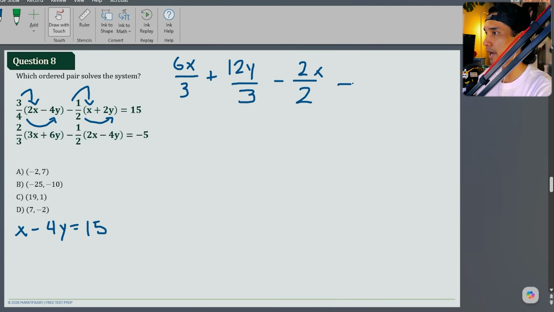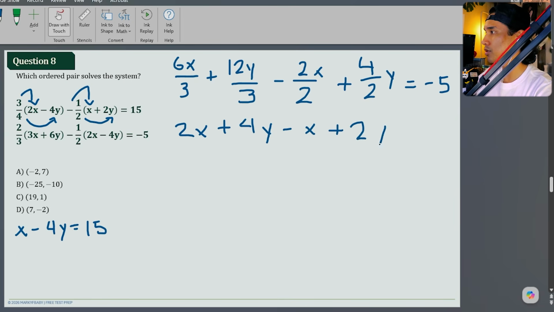And then that's plus, because a negative times a negative equals a positive, and that's 4 halves y equals -5. Okay, let's just simplify. This is 2x plus 4y minus x plus 2y equals -5. 2x minus x is x, and then 4y plus 2y equals 6y equals -5.